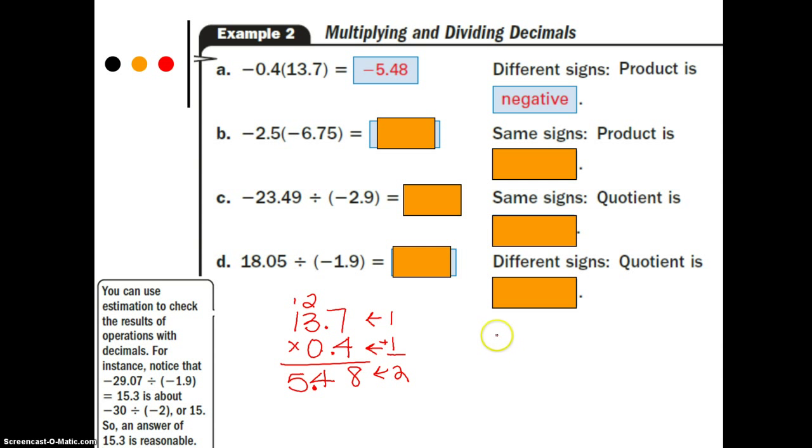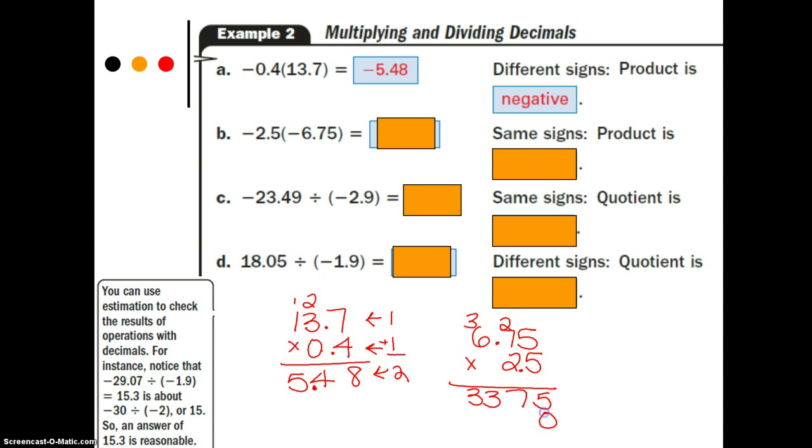For part B, we're doing the same multiplying, but remember 6 has 3 numbers to it, so that goes on top, and 2 5/10 goes on the bottom, and we just multiply. 5 times 5, 7 times 5, add the 2, 5 times 6, add the 3.